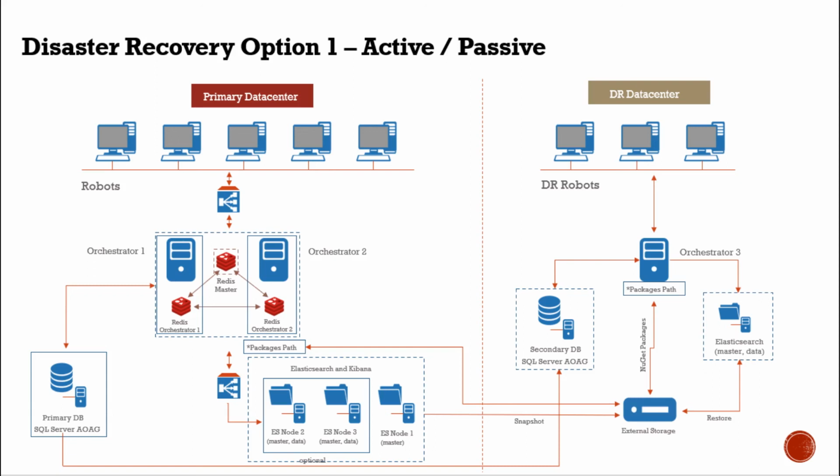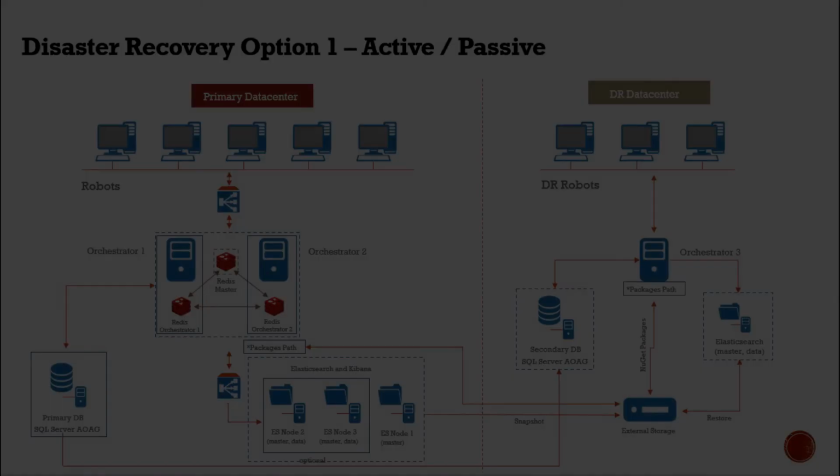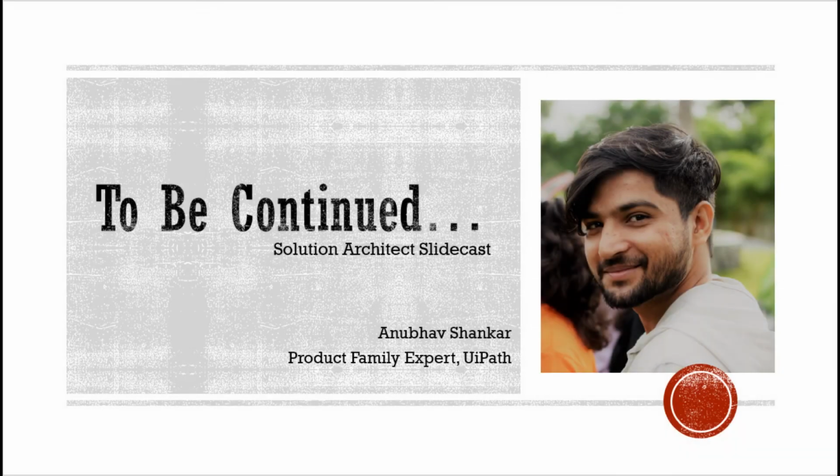If it is really small, it can be handled by the team that is sitting there. If the process goes down for some days, it can be handled by them. But if it's an enterprise-wide solution and a lot of processes are running using these kinds of setups, that is when your disaster recovery comes into the picture.